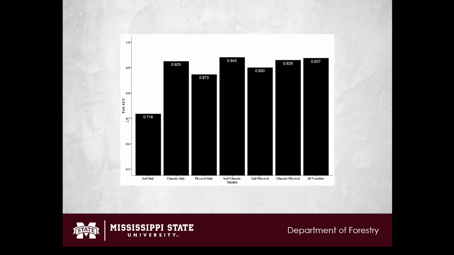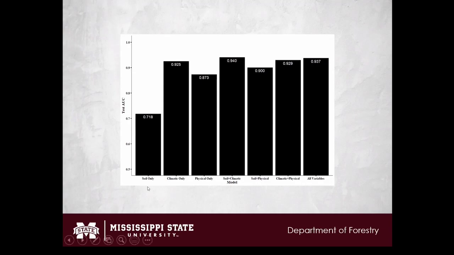Okay, so I included this graph because I thought it was cool, and I got told I can nerd out. So, you know what? I'm going to a little bit. On the y-axis here, we have the test AUC. That's just a metric of fit for the model. But then what I did is I divided all of those environmental variables up to see what contributed the most if I were to divide them into some categories.